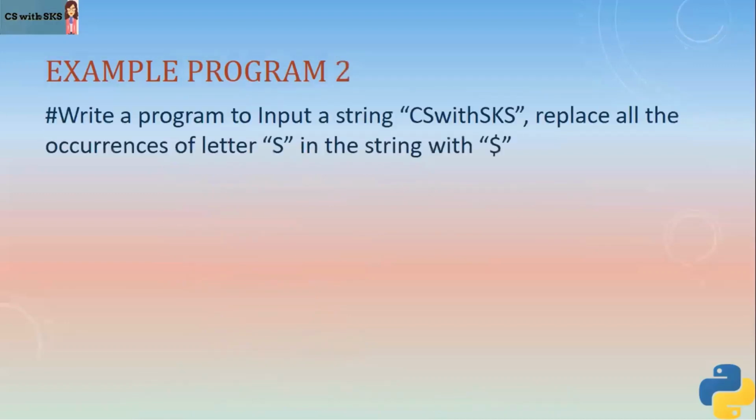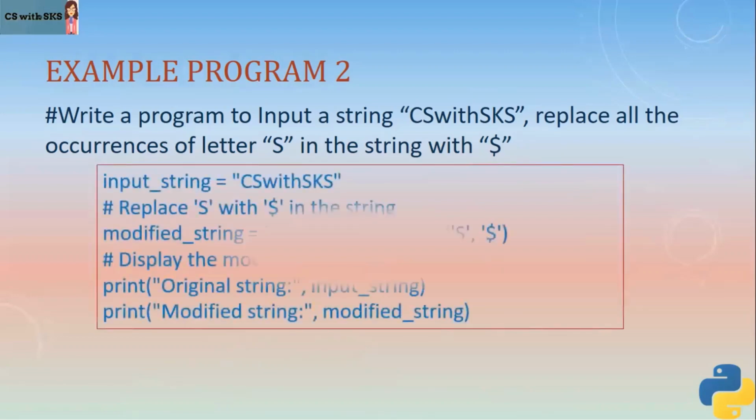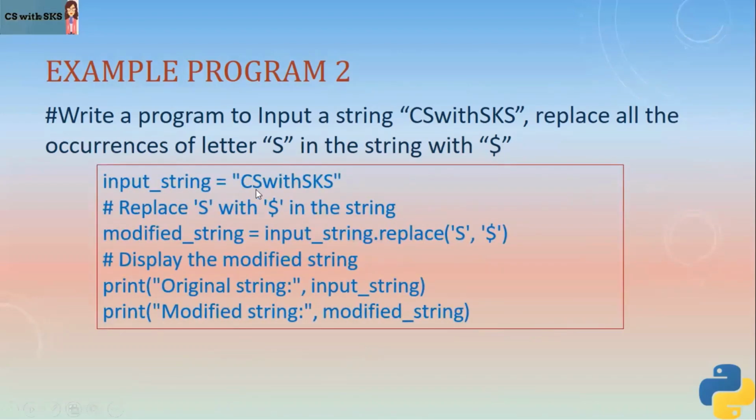The next example program is: write a program to input a string, any string you can take. I have taken "CS with SKS", and replace all the occurrences of letter S in the string with the $ sign. And this I have already explained, I guess, so you can easily do it. So here you take a string because they have already given it. So I'm just assigning it, I'm not taking it from the user.